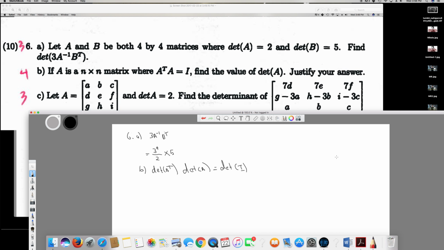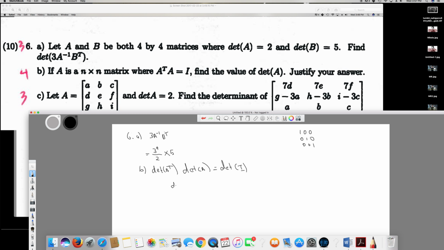So first of all, we have to know identity. Identity is something like this. If you multiply all the diagonals, it's going to be 1, whether it is 4 by 4, 3 by 3, whatever it is. The determinant of identity is always 1.